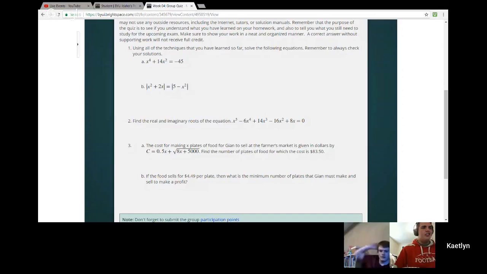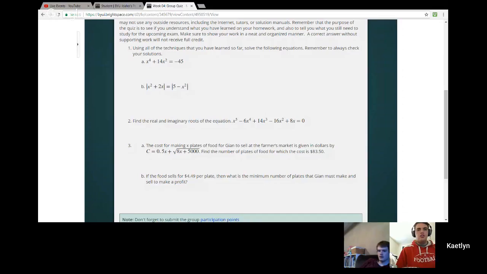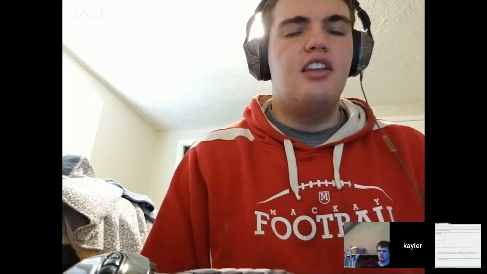I hope that works, but the idea seems like it works in my head. Nice. I would say it works. Should we test it, put it back into the equation, and see if it equals 0 at that point? Yeah, we can try that. 0.23.